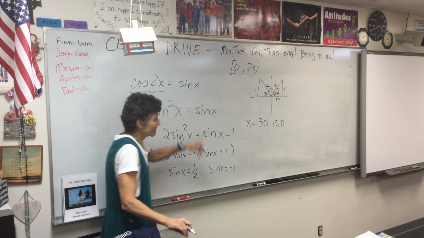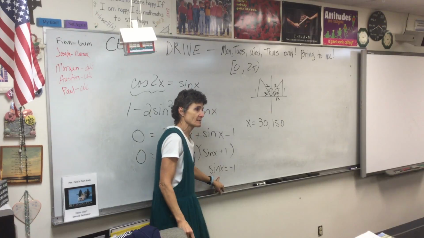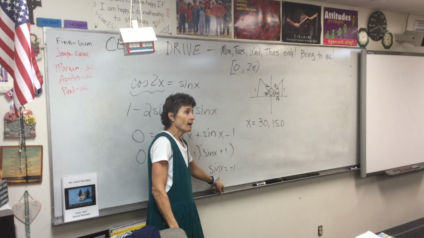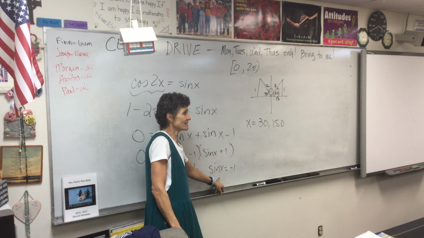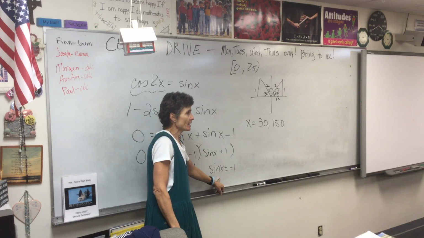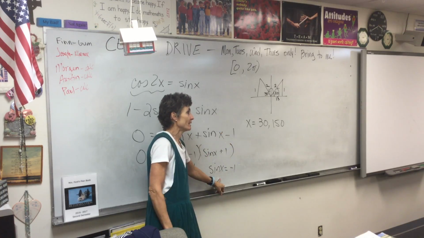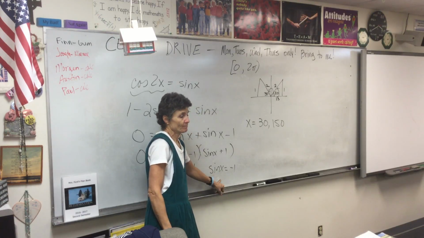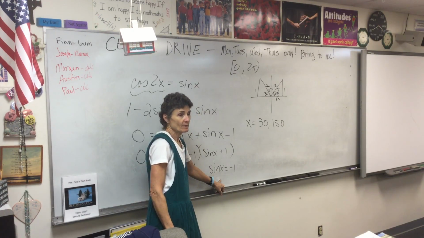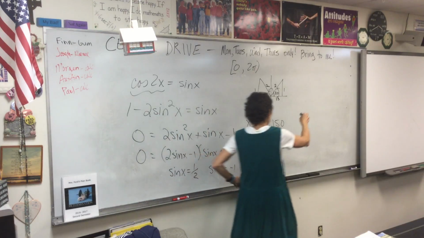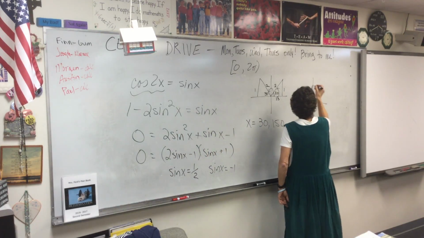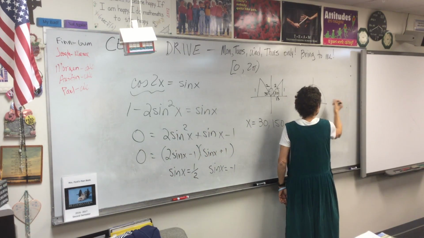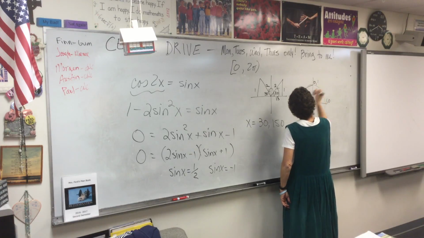Now, what do I do with this? I've got to do it again, but this is a little different. This is not a triangle. Think about it for a minute. Can opposite over hypotenuse be 1? No way. So it's on a circle. Somebody said it's on the bottom. Why do you think it's on the bottom?